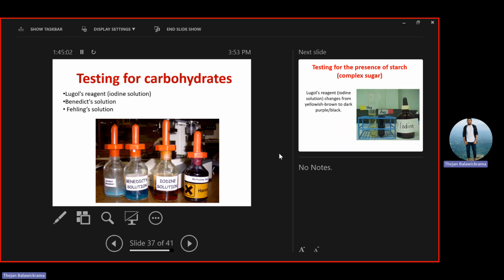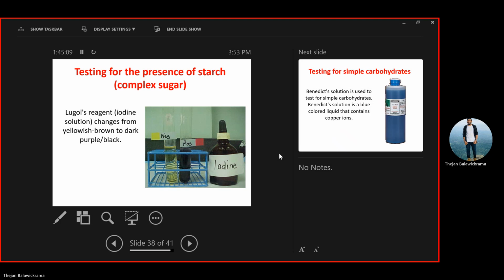That is the positive result. Starch and iodine combination gives a very dark blue-black color.